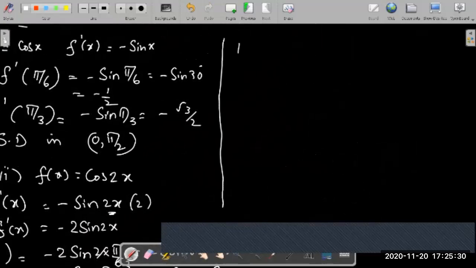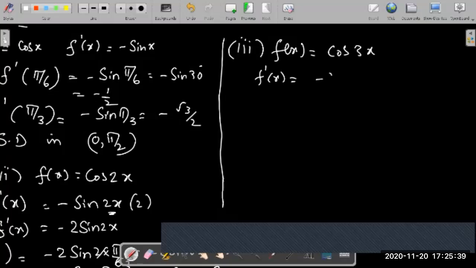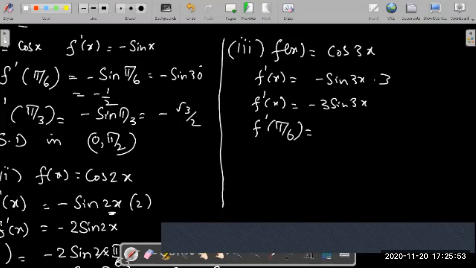So third part, f of x equal to cos 3x. So f dash x equal to minus sine 3x into 3, so f dash x is minus 3 sine 3x. We try with pi by 6, which is 30 degrees. Minus 3 sine 3 into 30 degrees, that's minus 3 sine 90, equal to minus 3.